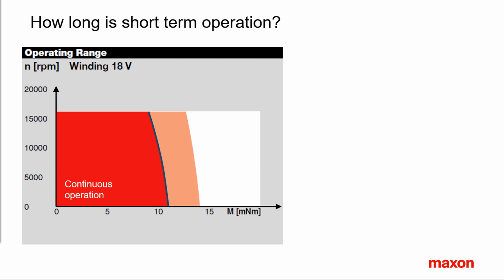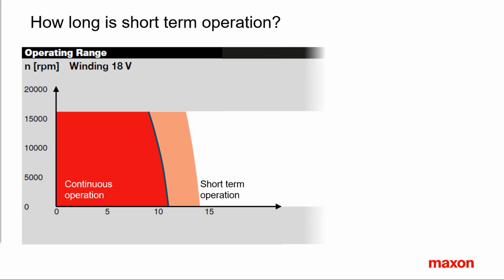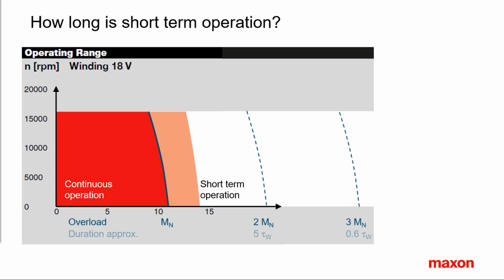For example, the motor is derated at higher ambient temperatures. It is possible to overload the motor for a short period of time. This is indicated by the short-term operating range. In reality, it expands to higher torque levels than shown by the white area in the standard diagram. How long an overload situation may last depends on the amount of torque and the motor type.